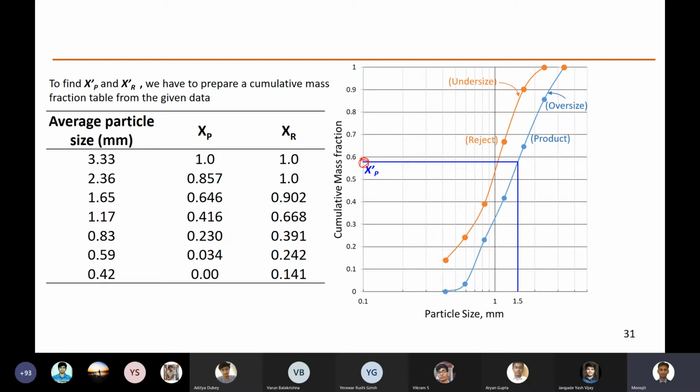Now, if I go in a similar way and hit the reject or the undersize distribution and get the corresponding y value, what would that be? XR dash. Yes, this would be equal to XR dash. We had already concluded how XR dash and YR are related and how XP dash and YP are related, right?